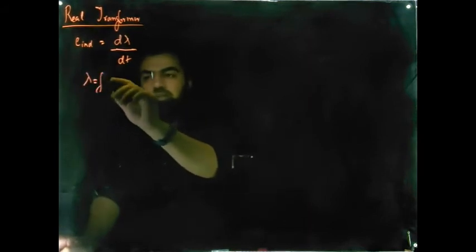That's the product of n and phi, where lambda is flux linkage, and it is given by n into phi average.